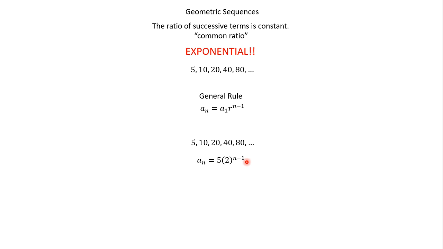Now, when you do this, it's very important: it's 2 to the power and then times 5. You can't multiply them to get 10 to the n minus 1. That doesn't work. Order of operations. So that's how we can take our sequence and write it in the general form of the equation.